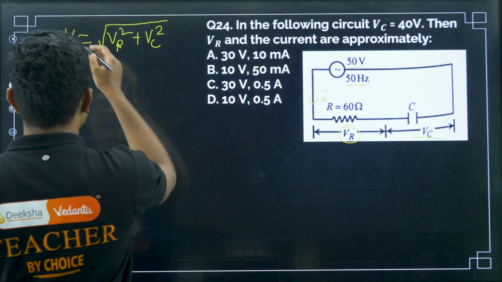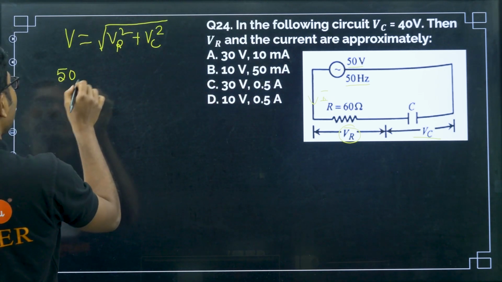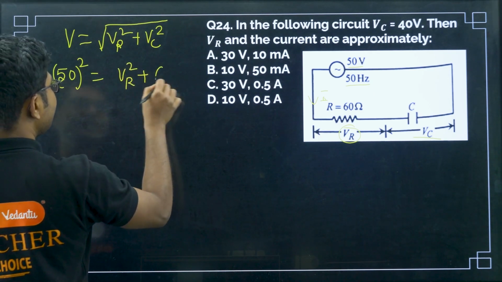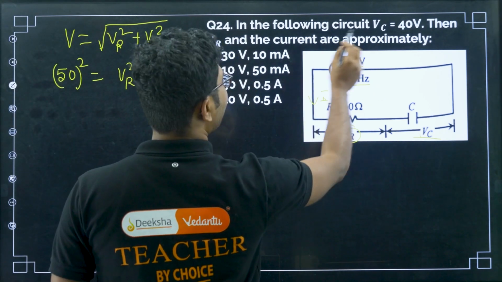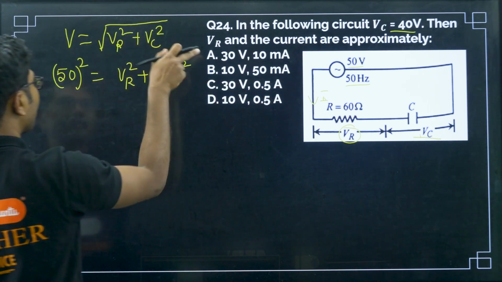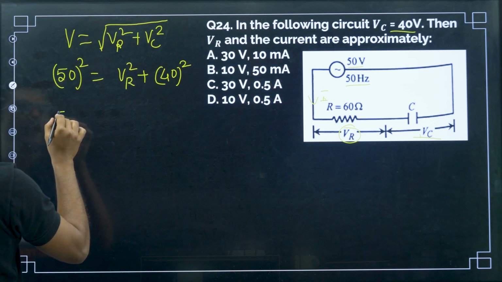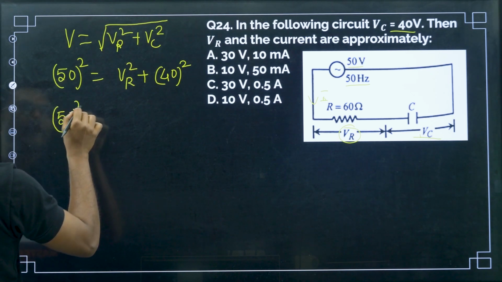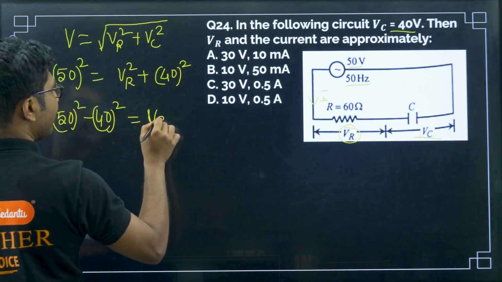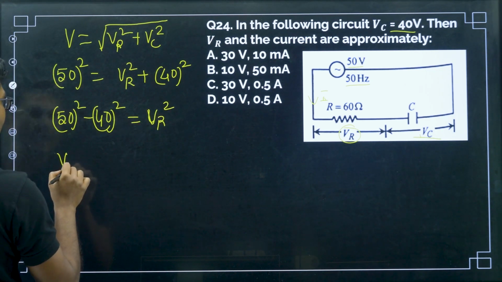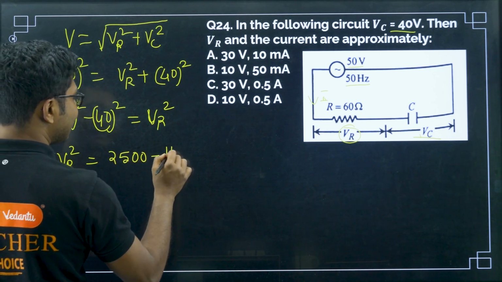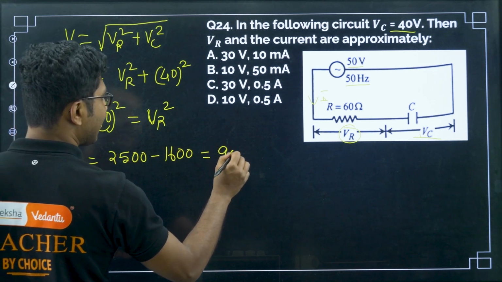Now V is given, that is 50, right. So 50 square equals VR square plus VC square. What is VC? VC is given 40 volt. We have squared both sides. So 50 square minus 40 square equals VR square, or VR square equals 2500 minus 1600, that is 900.